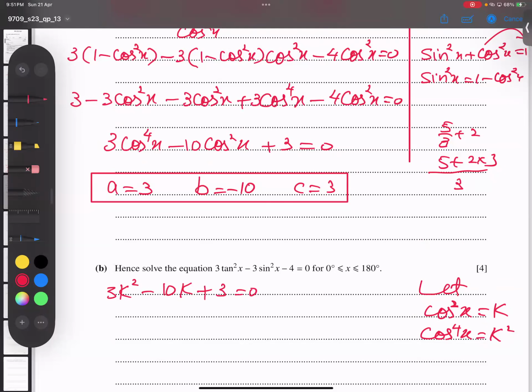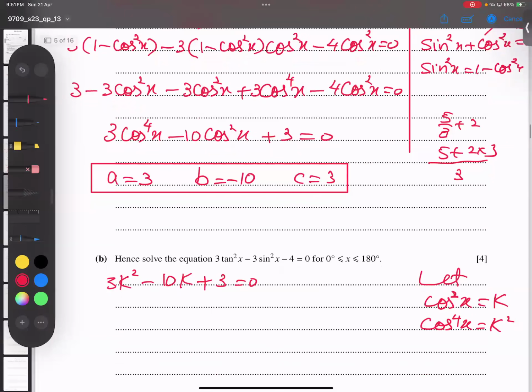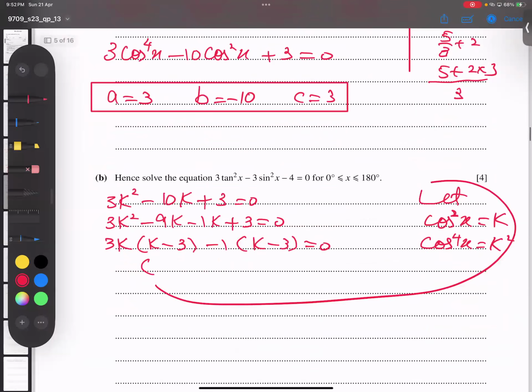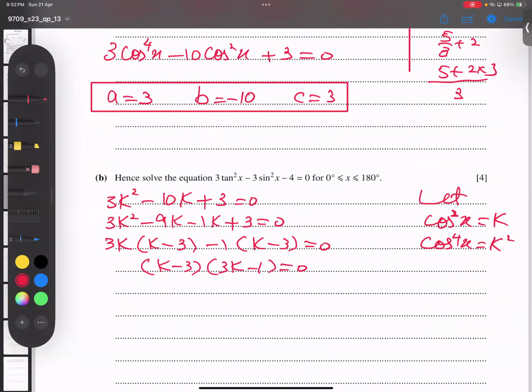And now I can factorize: 3 3s are 9. Or you apply the quadratic formula. Minus 1 common, I get this. Okay, you can avoid this assumption even. You can write directly, no issue at all. Full marks, even that. But in this way, the question becomes a little bit easy.